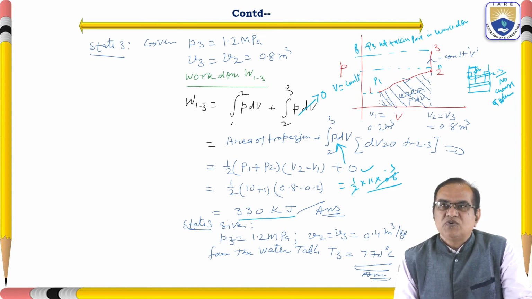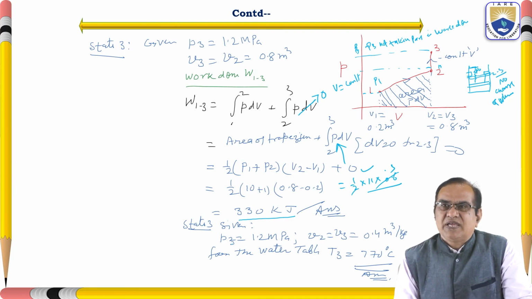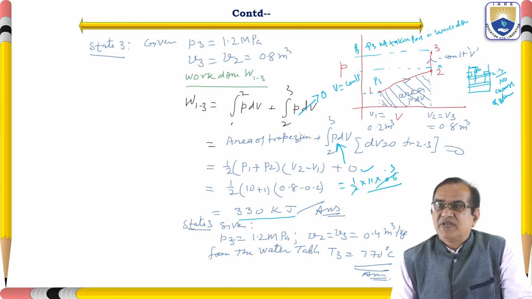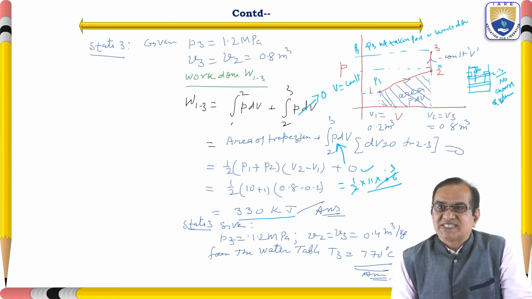In this way you will get the answer for this problem. So state 3 is given: P3 is equal to 1.2 megapascal, and V3 is equal to V2, which is 0.8 meter cube per kg. From the water table, with P3 and V3 given, we can find the temperature T3, and this is coming to 770 degree centigrade.